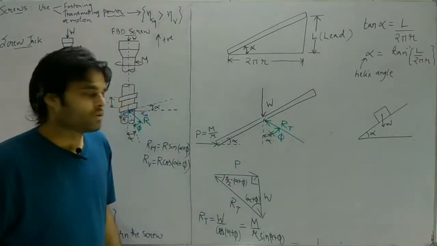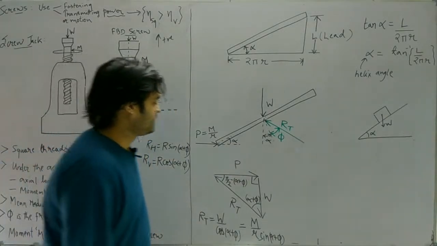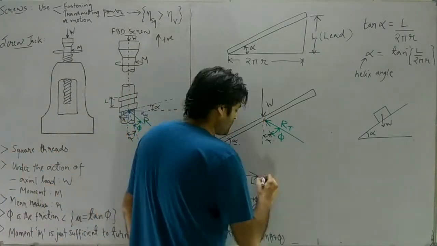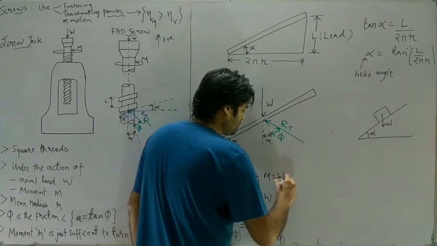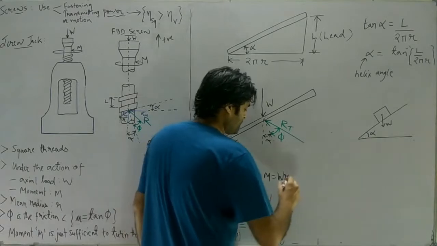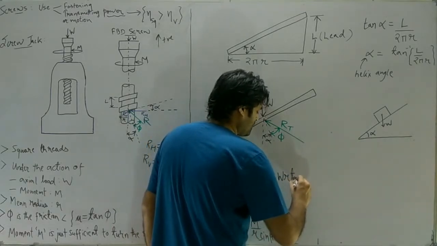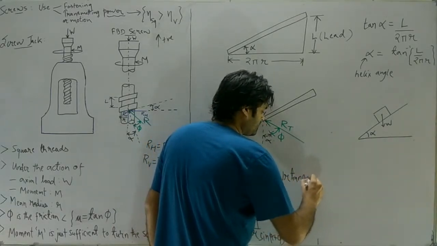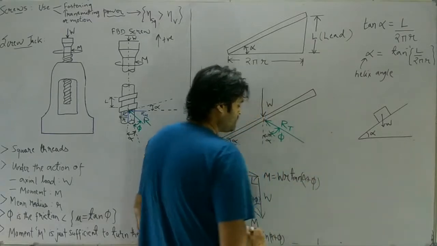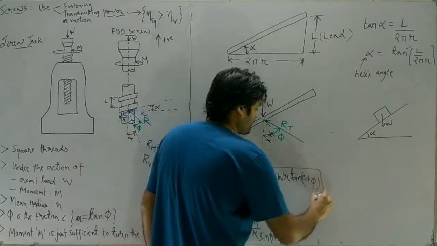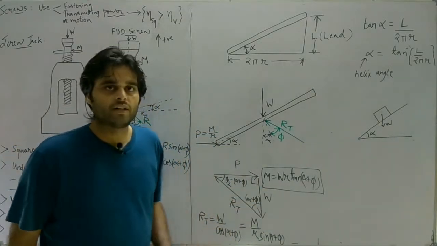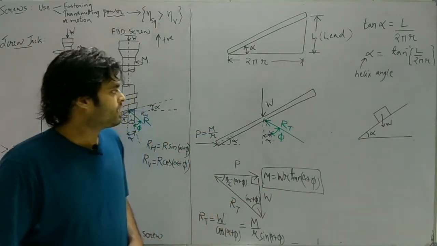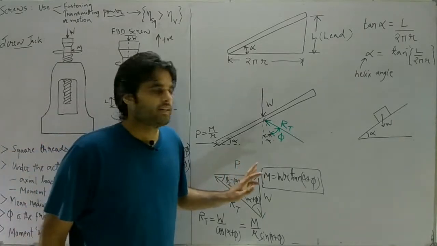So this gives us the relation M is equal to W r tan(alpha plus phi). This relation we got earlier as well, so our model is fine and it works.